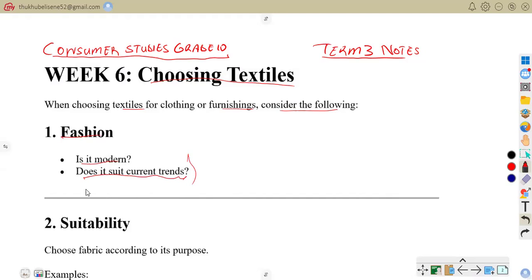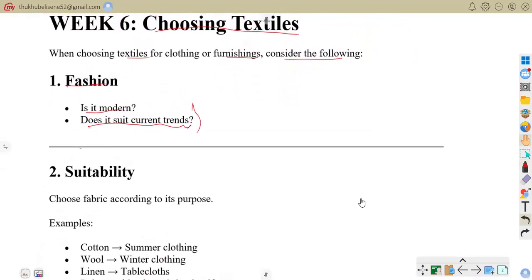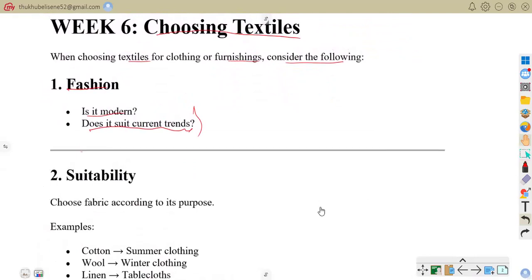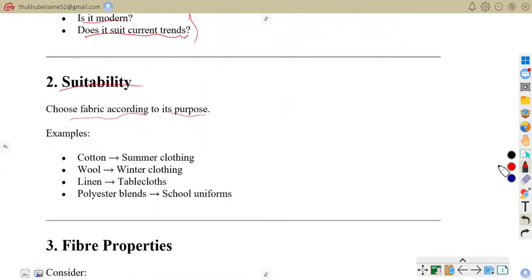Hope we are together. Let us be on suitability. This is one of the factors that you have to look at. Choose the fabric according to its purpose. Suitability means choosing fabric that is appropriate for its intended purpose.